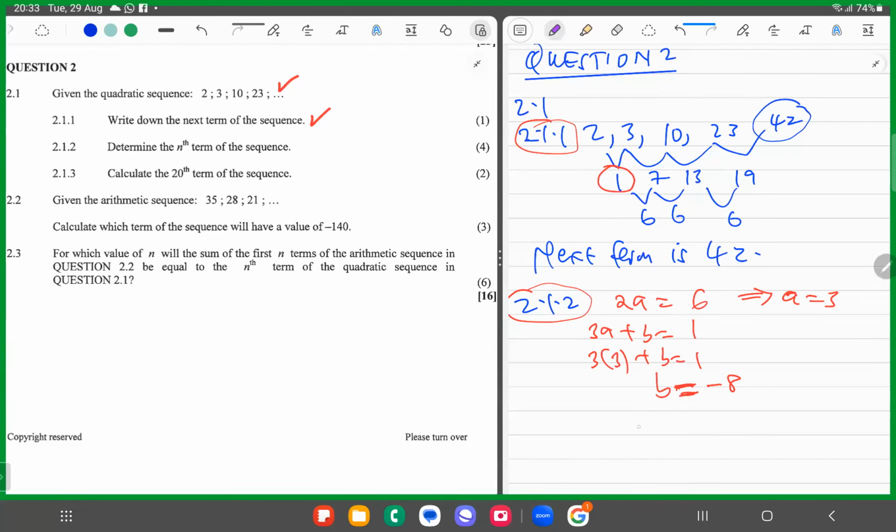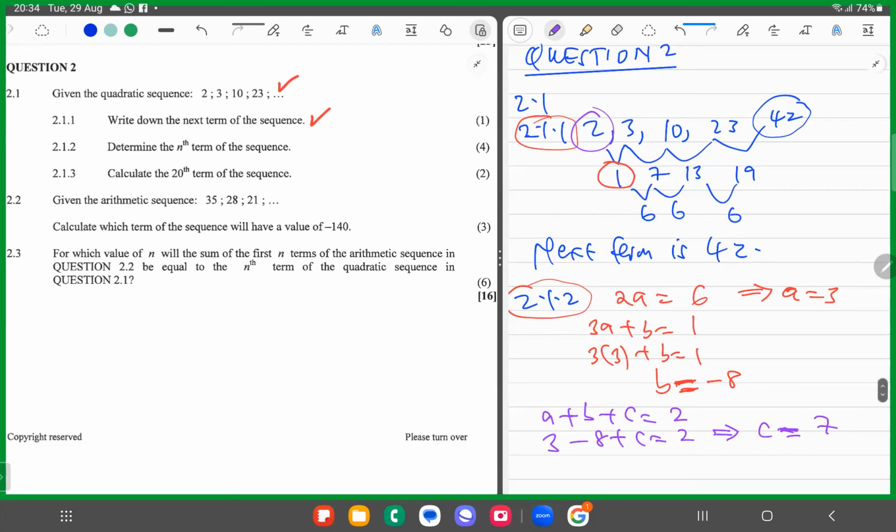Okay, and then now the next thing is the following. Right, so for the quadratic sequence, a plus b plus c is equal to 2, the first term of the quadratic sequence. We already know that a is 3, b is minus 8. And then when you continue here, we're able to see that c equals, 3 minus 8 is minus 5, and then you add, it is equal to 7.